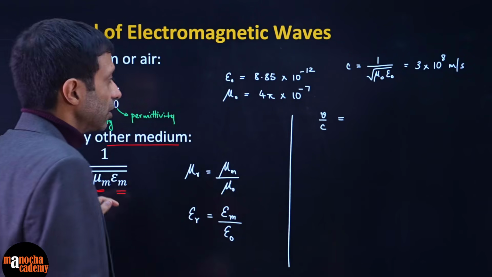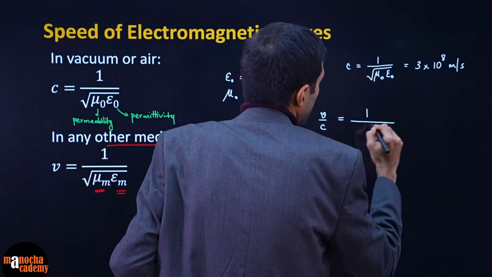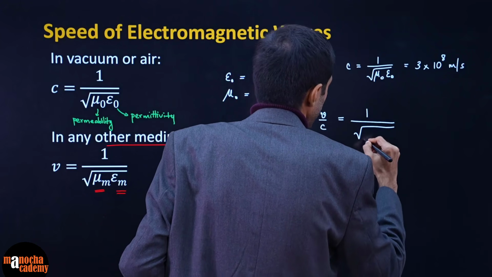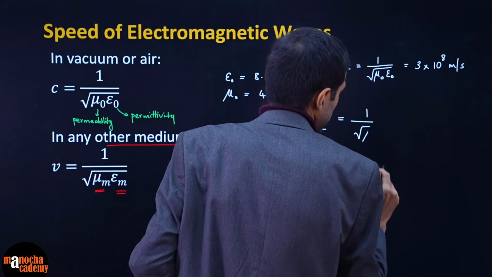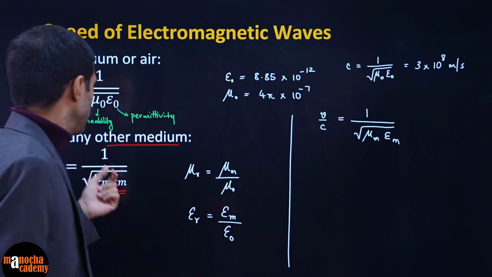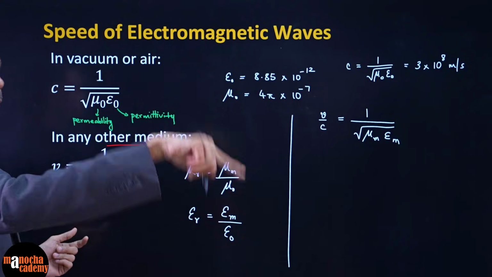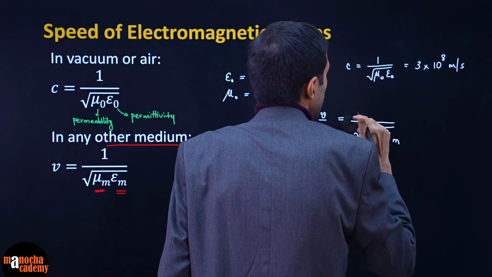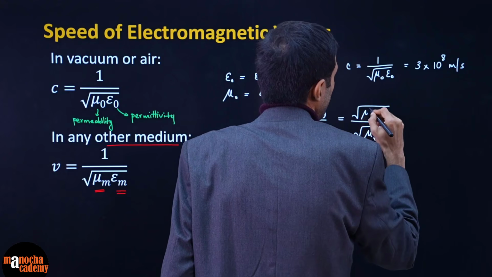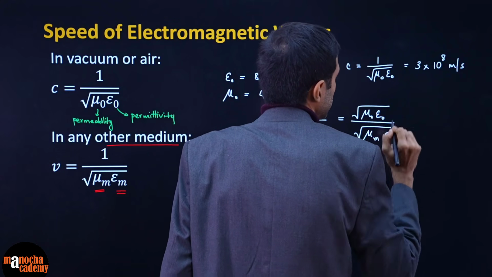V is 1 by root of mu m epsilon m of the medium. This comes in the denominator and this was in the denominator, so it will go in the numerator. So here instead of 1 we will have root of mu naught epsilon naught.